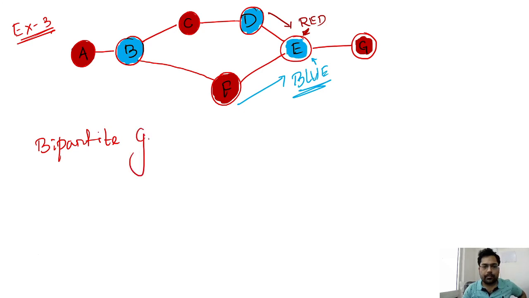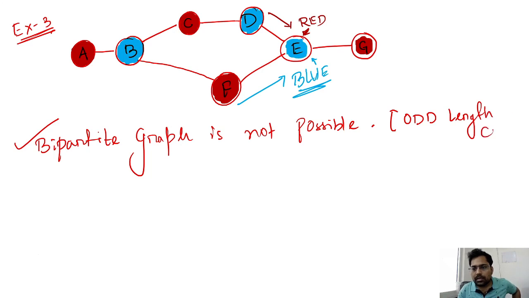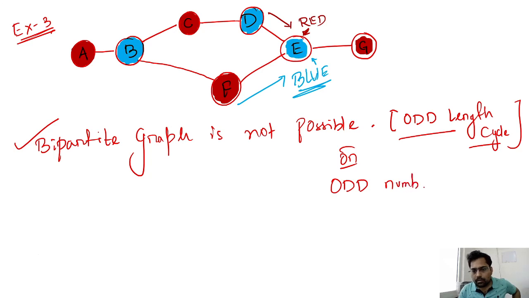A bipartite graph is not possible in this graph because of an odd length cycle, or an odd number of vertices responsible for making the cycle.